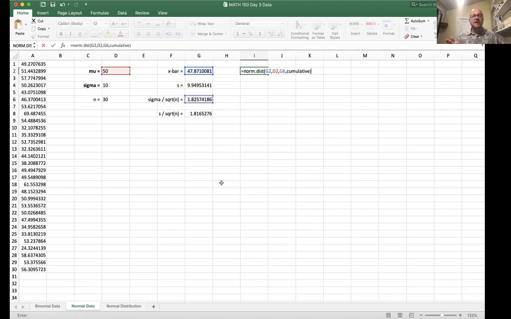How much less? Well, that depends on how spread out it was.